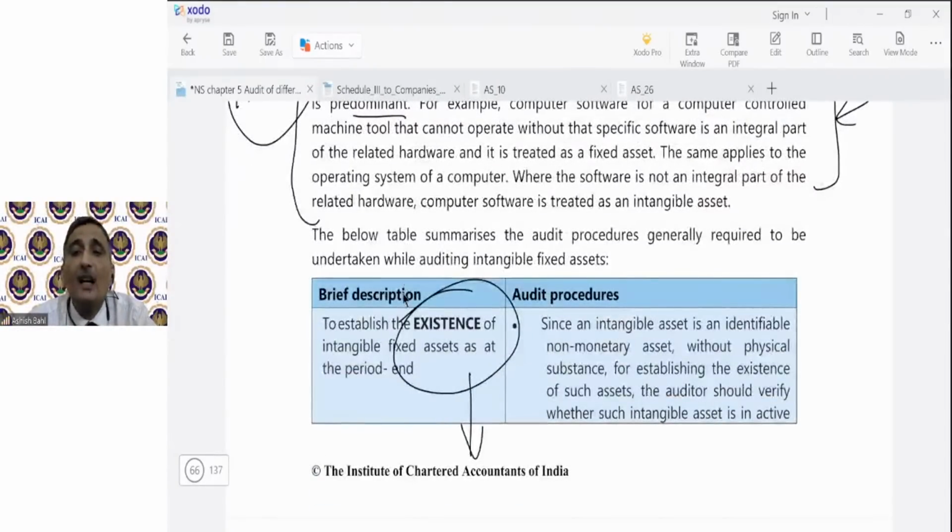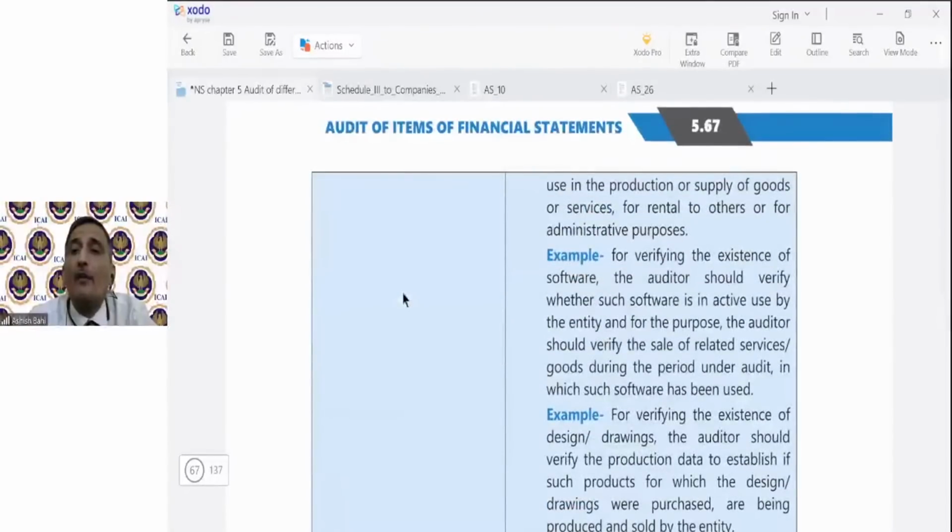For this, the auditor can do the following. Suppose the company has classified some software as an intangible asset, then the auditor can see whether the software is in use by the entity, or whether sale of related services has been made using that software.